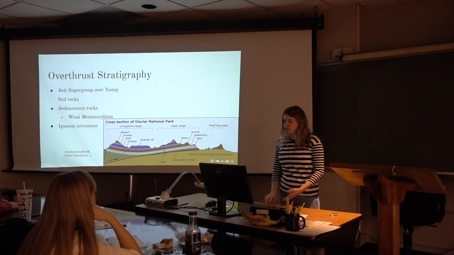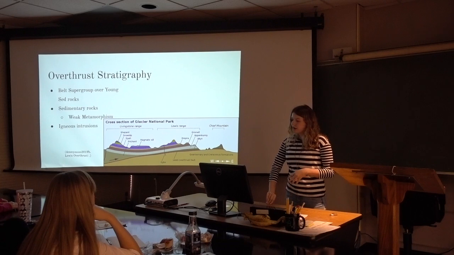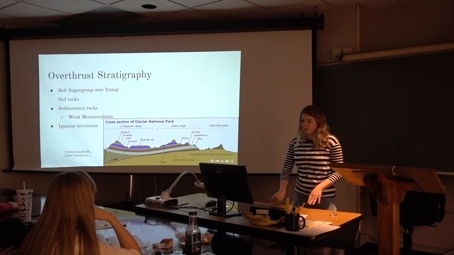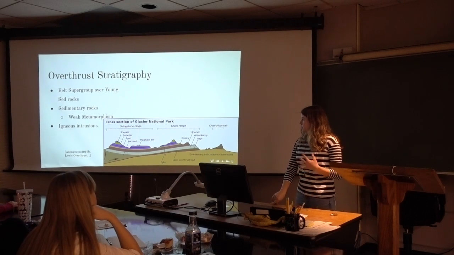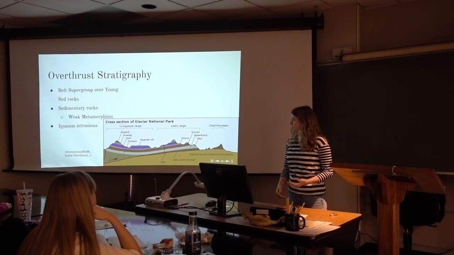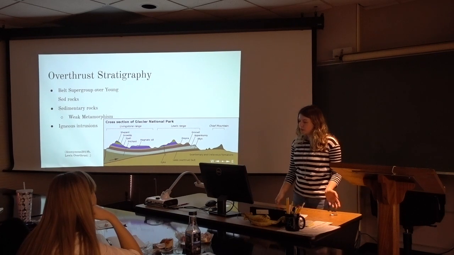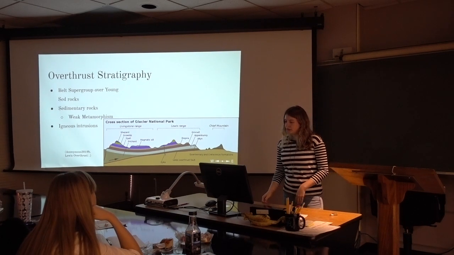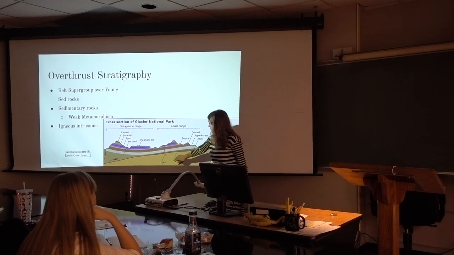So the overthrust stratigraphy, again, we have our belt supergroup over our younger sedimentary rocks. All of our sedimentary rocks in the belt supergroup have undergone weak metamorphism because they were buried and because of the pressures caused by the tectonic stresses. Then we see igneous intrusions of granite and basalt down here.